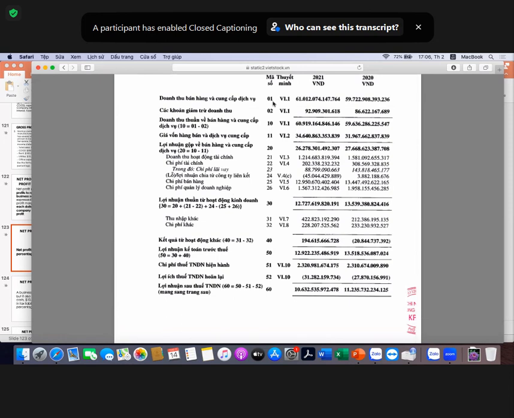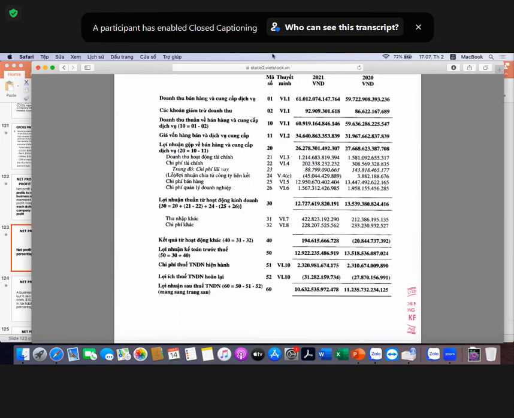So what is the net margin in 2020 and 2021? Nhung, Nguyễn Thị Nhung. In 2020, net profit margin is 18.84%, and 2021 is 17.45%.